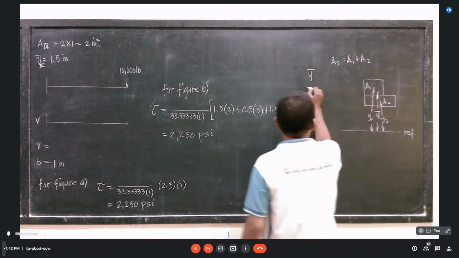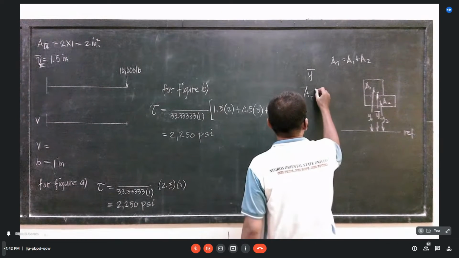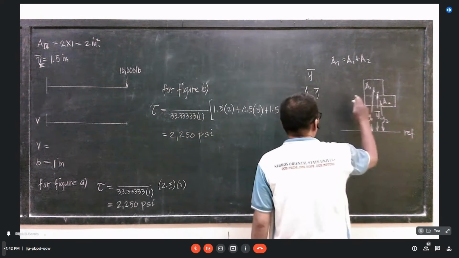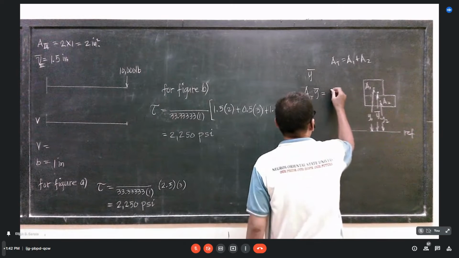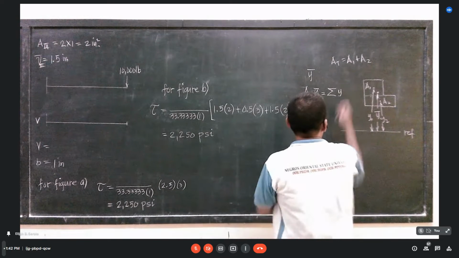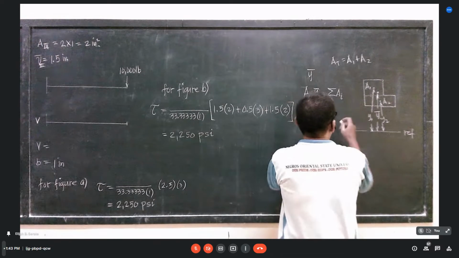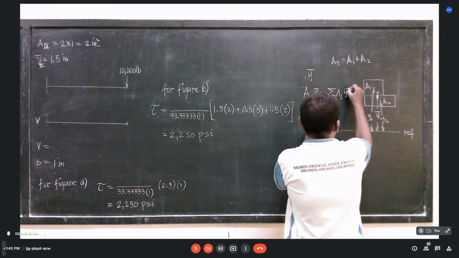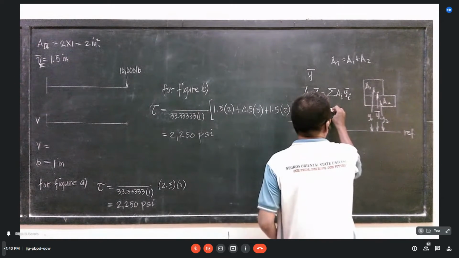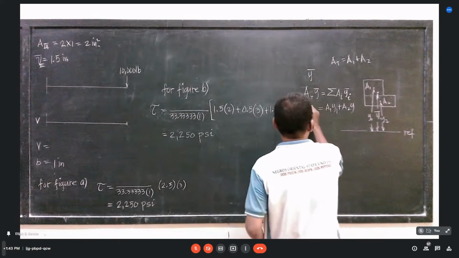Another way of saying it: the total area times the centroid of the whole area is equal to the sum of area 1 times y1 plus area 2 times y2. Okay.